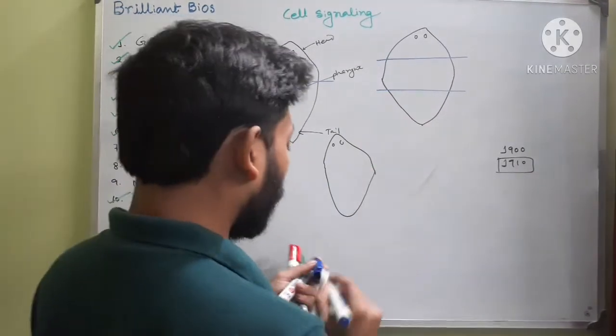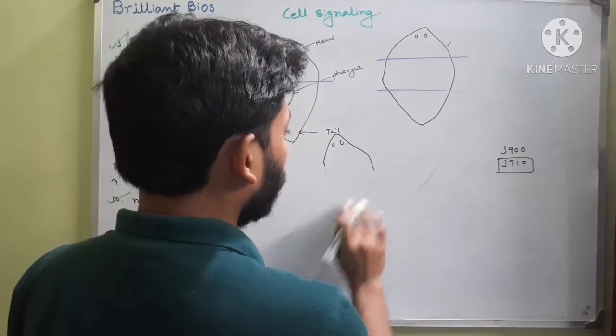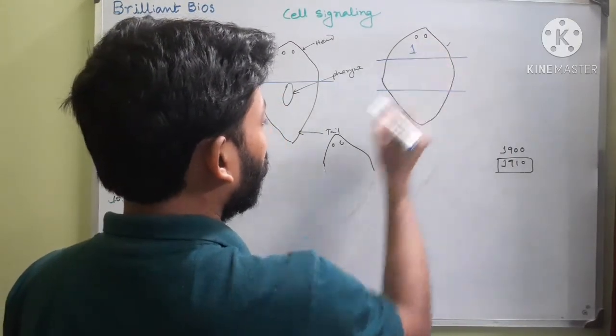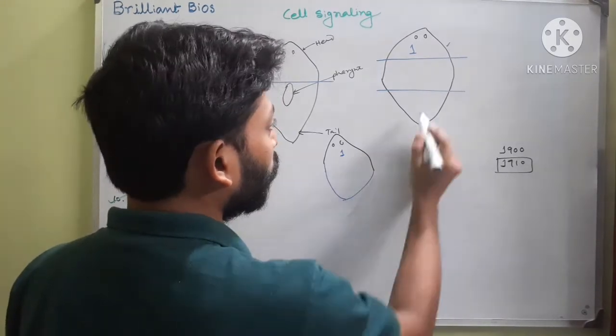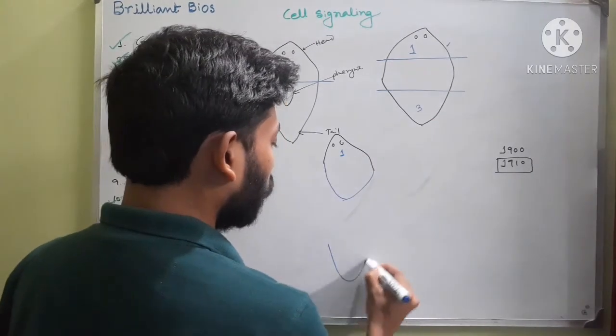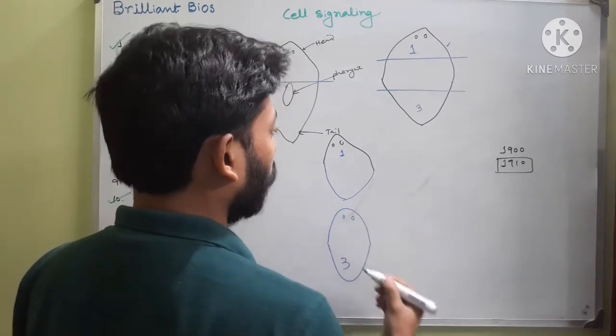When he trisected this Planaria, he found that from the upper segment, let's suppose this is the first segment, a tail forms. From the third segment a head forms.